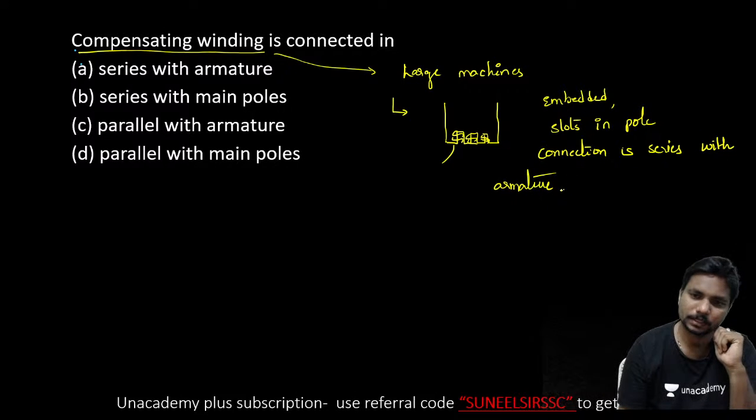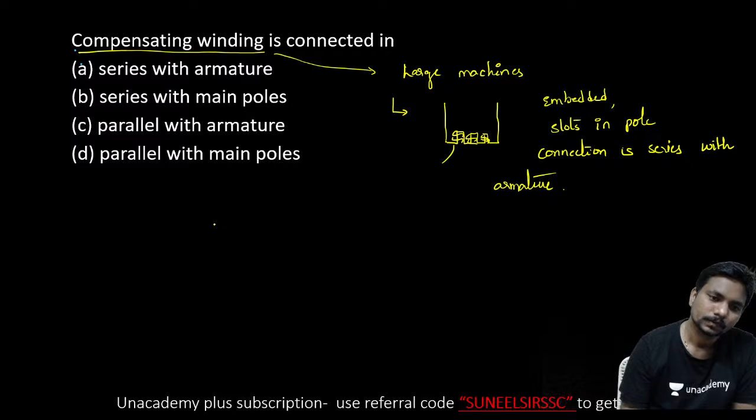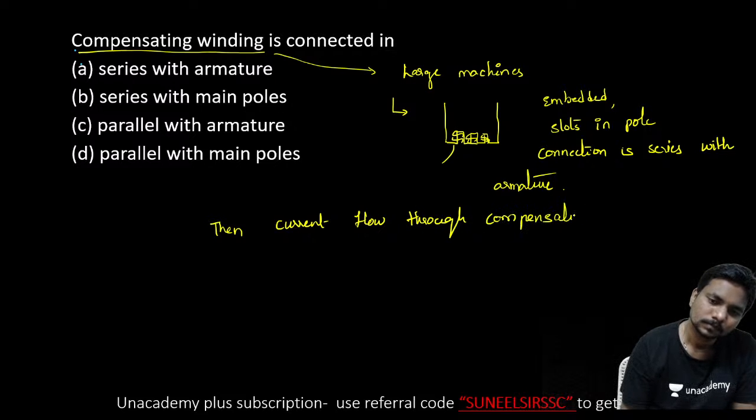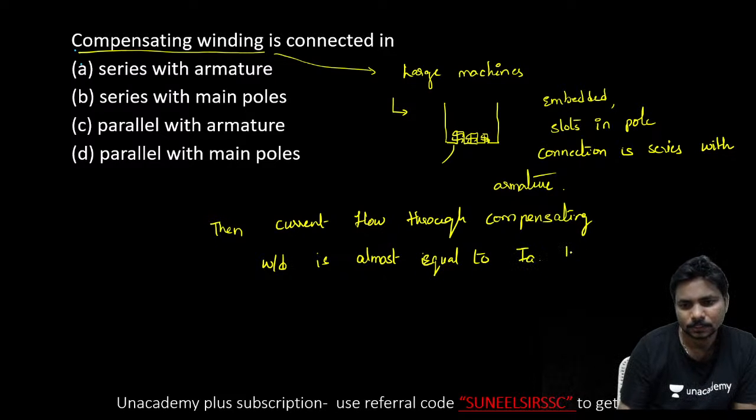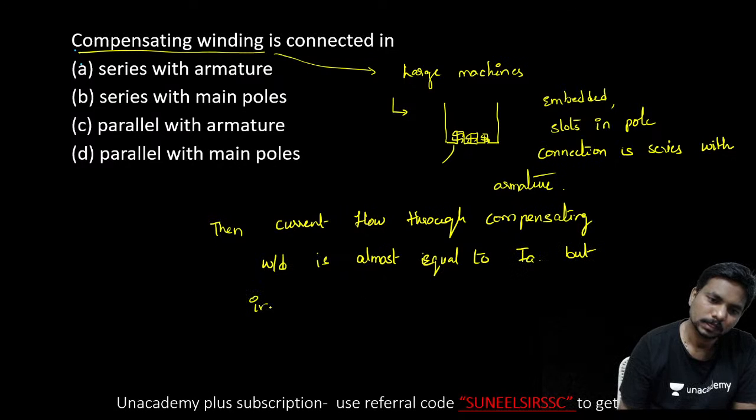The current flowing through the compensating winding is almost equal to the armature current, but in the opposite direction.